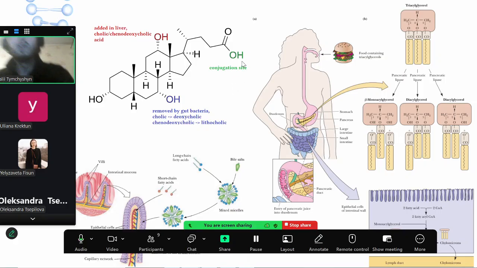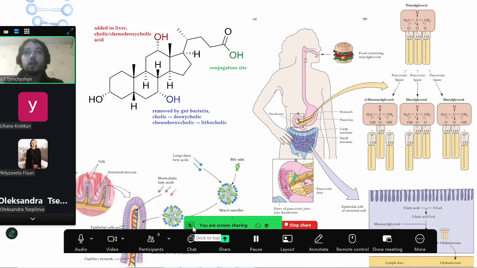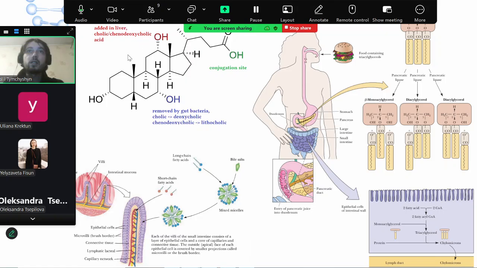So there are certain types of bile acids and bile salts in normal conditions, but here is some sort of general formula that more or less tries to encapsulate them. You might guess this part comes from cholesterol, so they are pretty similar to cholesterol.